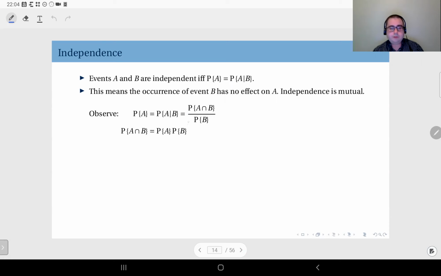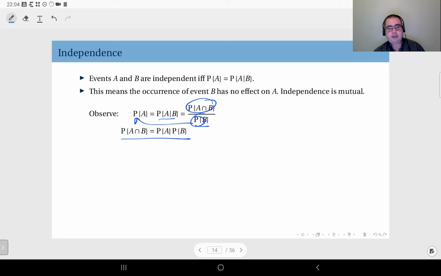And obviously, if you plug this in the definition, probability of A equals probability of A given B, and probability of A given B is by definition equal to probability of A intersection B divided by probability of B. And then you put this to the other side, you obtain this probability of A intersection B equals probability of A times probability of B. So this is a little bit the product rule we talked about in counting techniques.